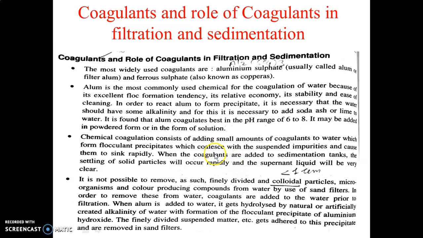So what do these coagulants do? They form a precipitate, and that precipitate will settle down at the bottom of that tank.